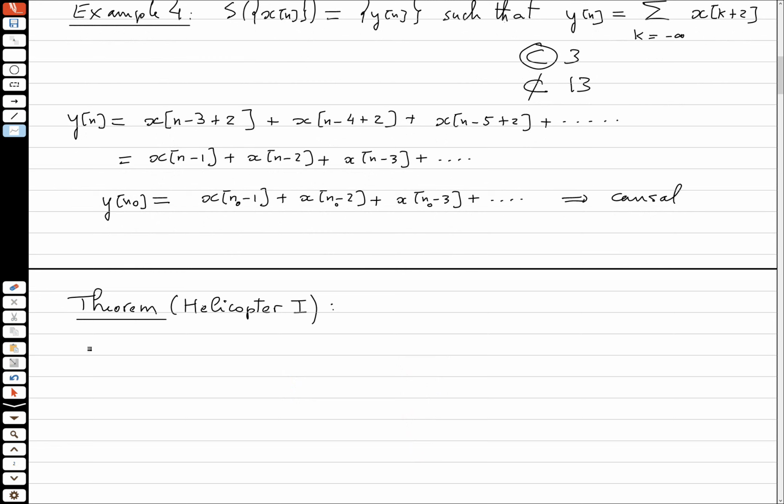All right, so let S be LTI, and let g of n be its impulse response.